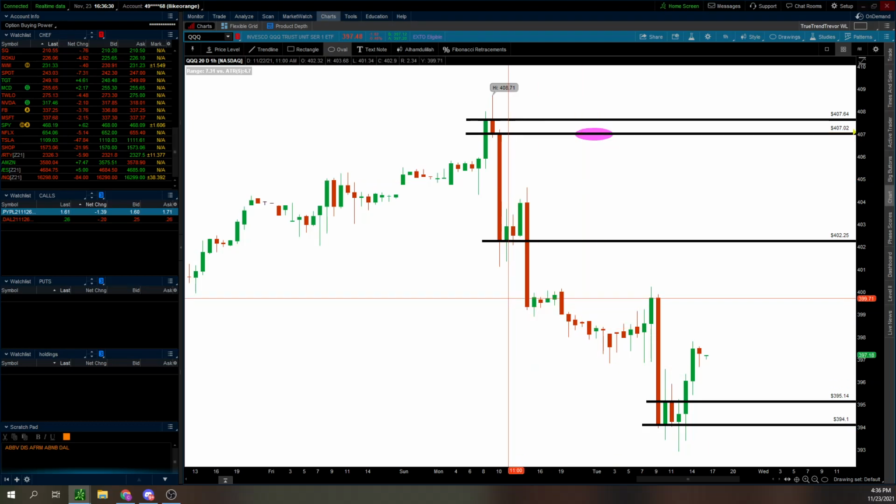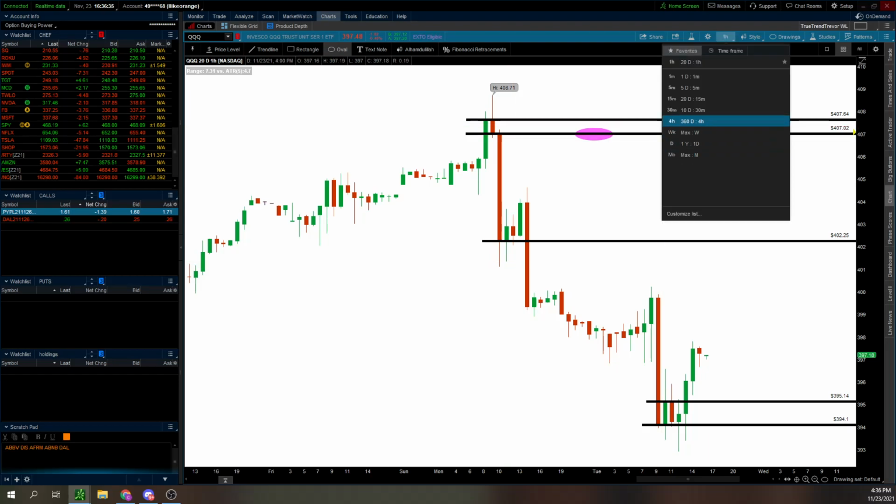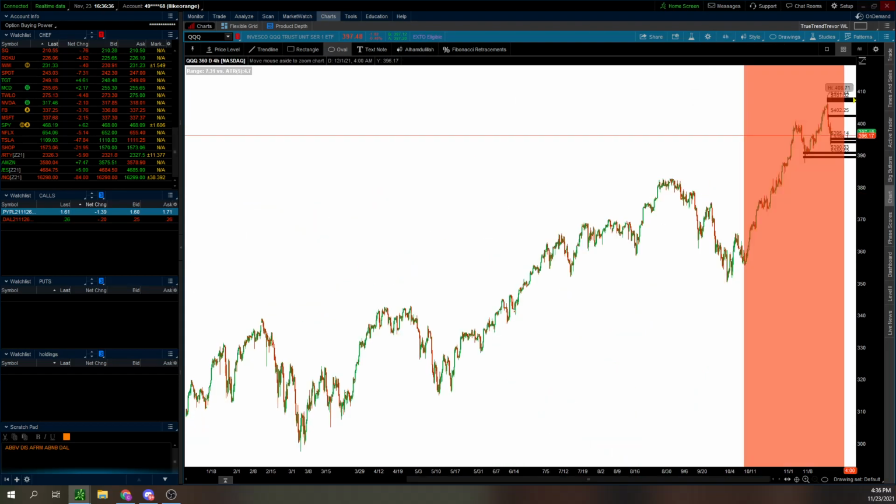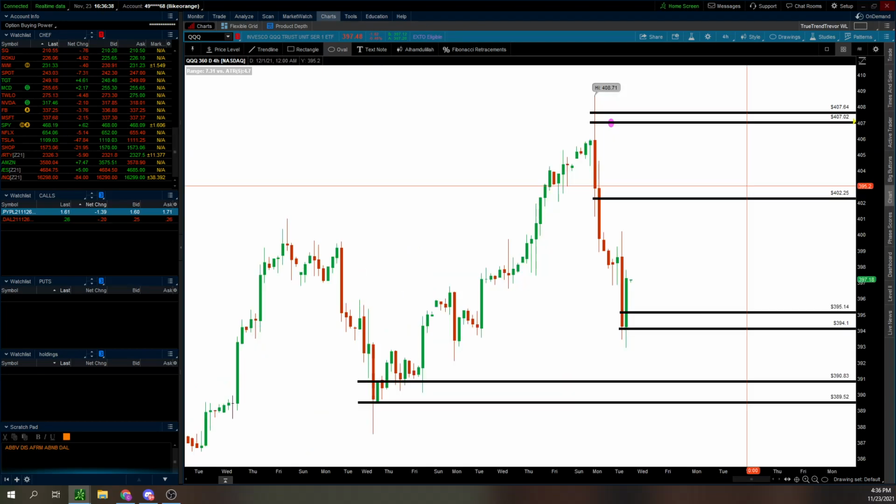As you can see, if you look at the bigger time frame on QQQs, we were very overextended. So buying a dip at any point of this would kind of be going against you, because you already know we're overextended. It's going to come back to its norm.